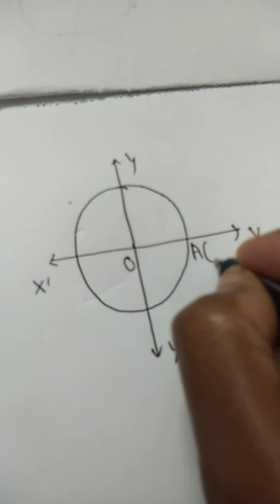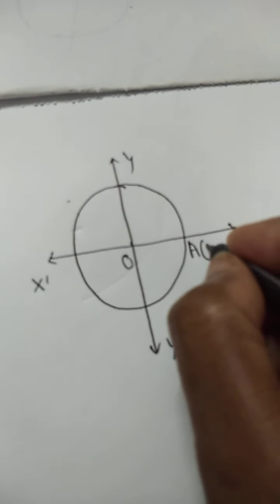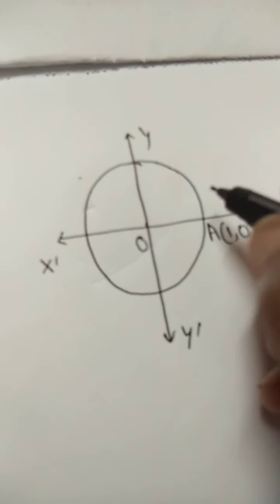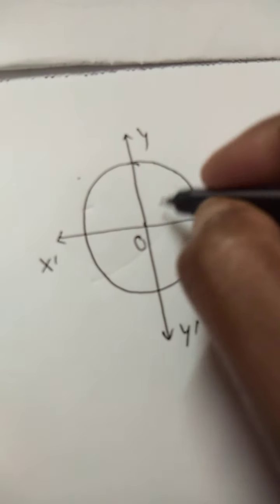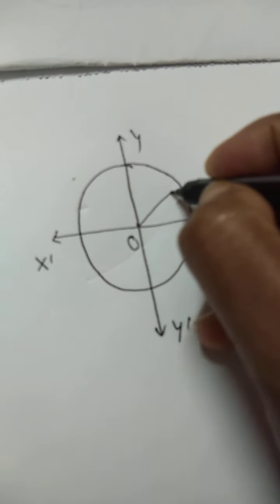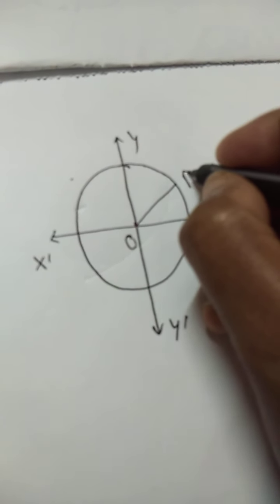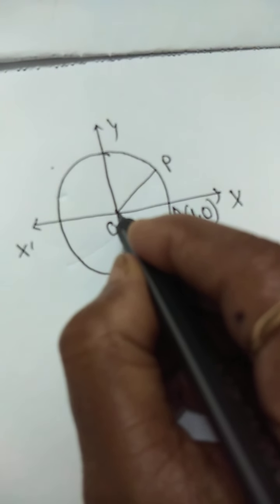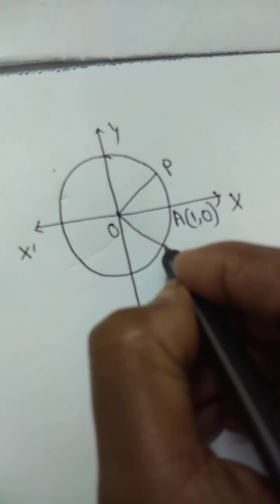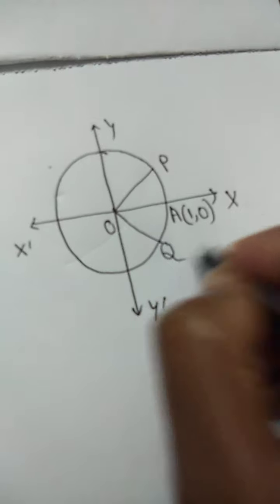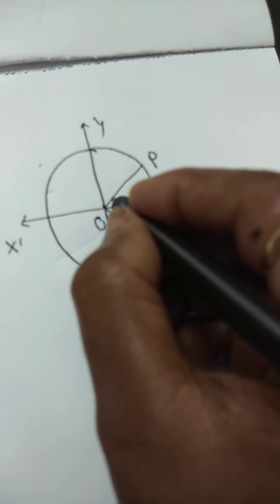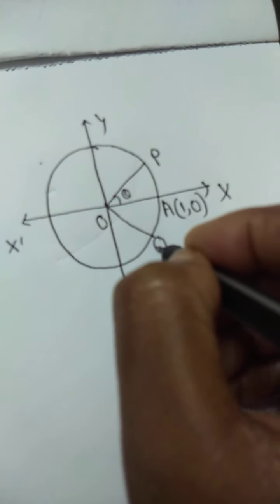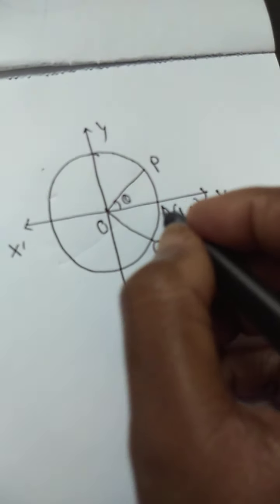Let us mark the coordinate of A. What should be the coordinate of A? Coordinate of A is nothing but 1, 0. If we rotate the line OA in the anti-clockwise direction by an angle theta, let P be the position of A. And if we rotate this line OA in the clockwise direction by the same angle, let Q be the position of that point.